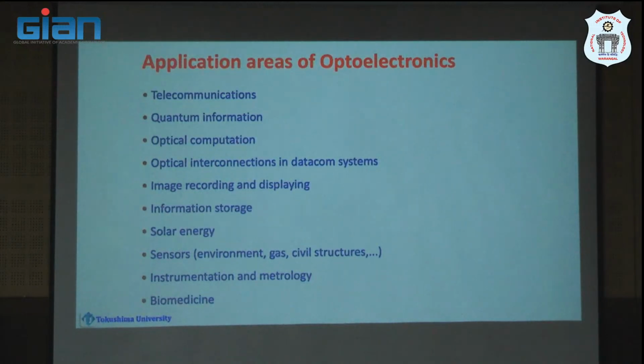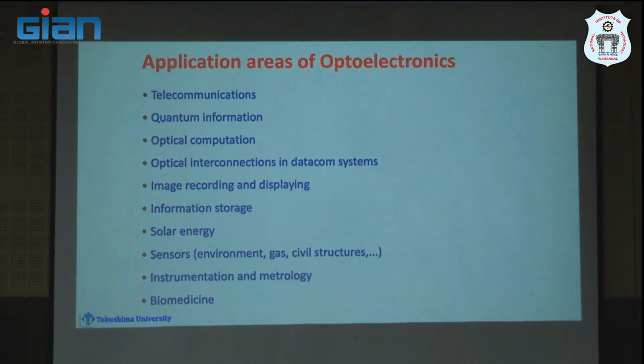Information storage. When we talk about storage, before you bought a flash memory disk or USB, the size was very big, but now the size is very small. One reason is that data is stored by some kind of magnetic material, and that material can store more data than the previous one. So 20 years before, 10 years before, whatever USB you had was storing 1 gigabyte, but now you can have a 100 gigabyte USB of the same size.